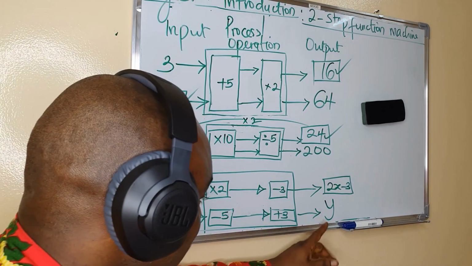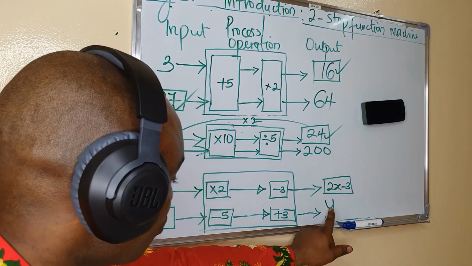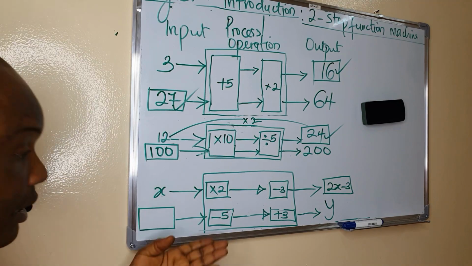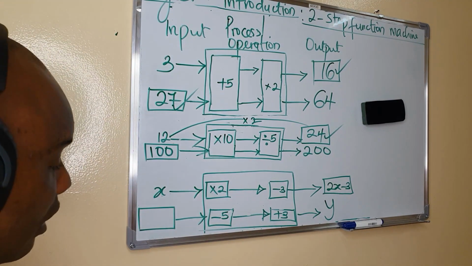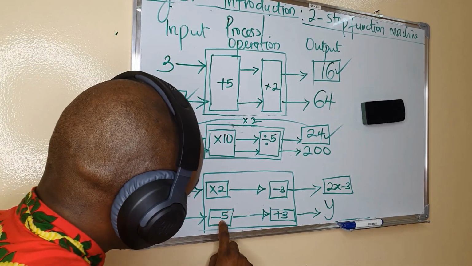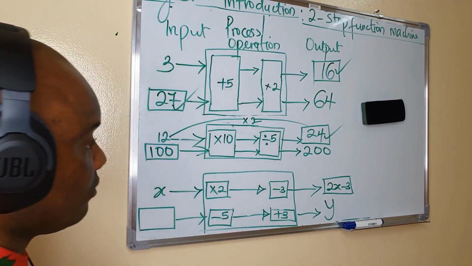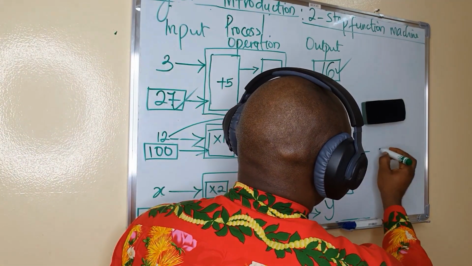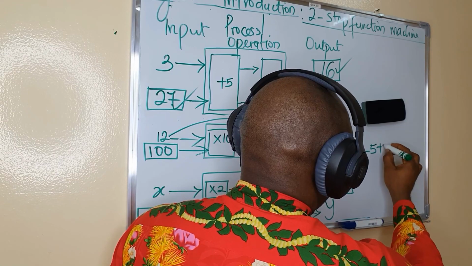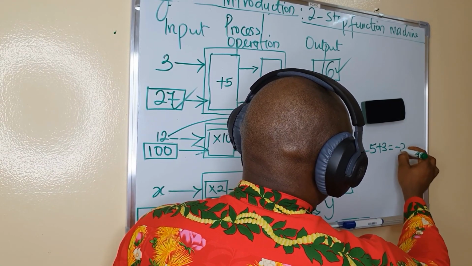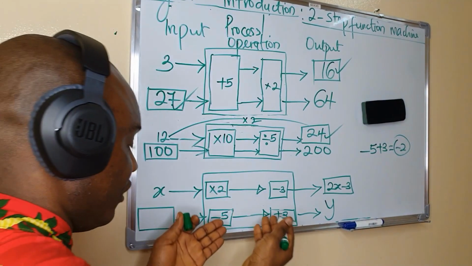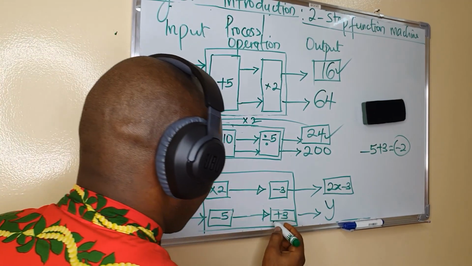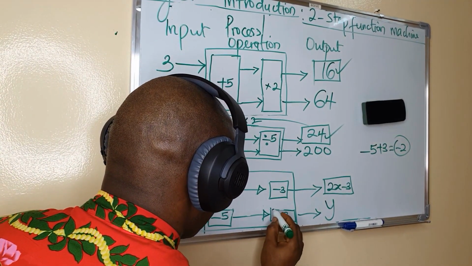But in the next case, we have the output. We need to find the input. There are still 2 stages involved. Take a look at the stages. Minus 5, add 3. You know from your negative number operation that minus 5 add 3 will give you the number negative 2. So instead of subtracting 5 and adding 3, I can simply use the number negative 2 to work here.